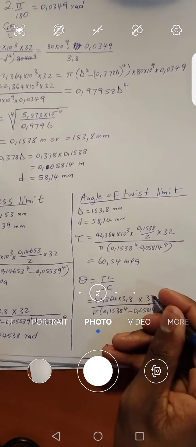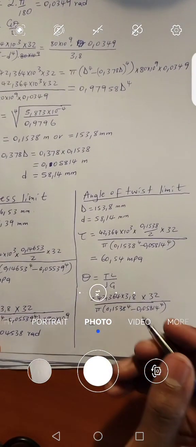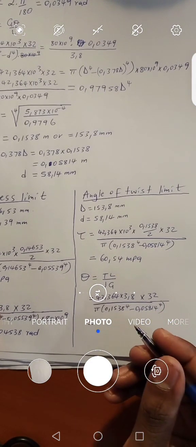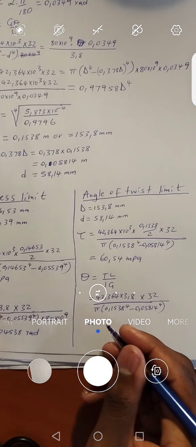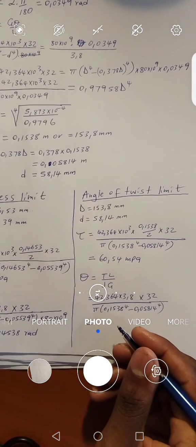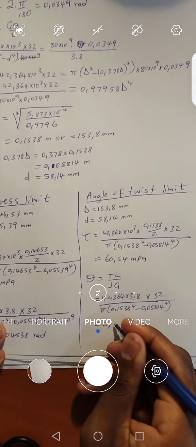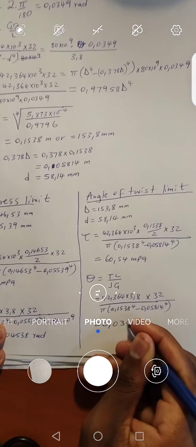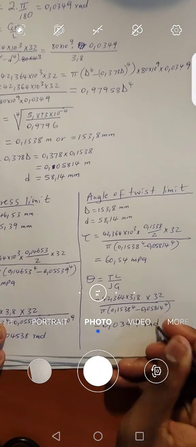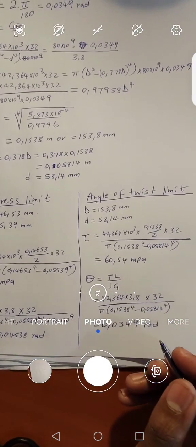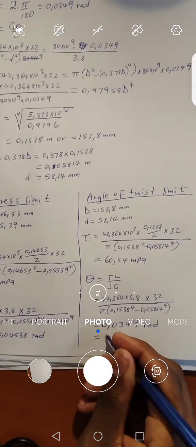You put that 32 here, equals to 0.0349 radians. When you multiply this by 180 over pi, you should get hopefully 2 degrees.